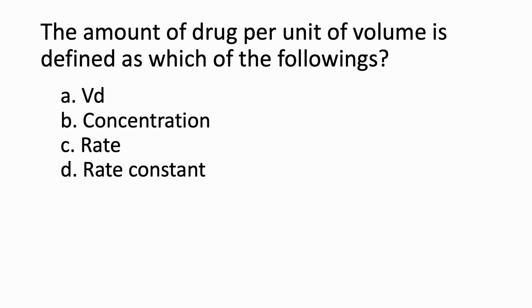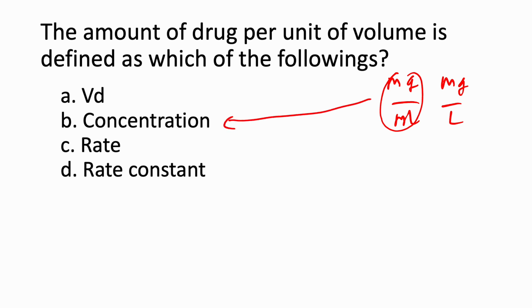Question. The amount of drug per unit of volume is defined as which of the following? A. Volume of distribution. B. Concentration. C. Rate. And D. Rate constant. The amount of drug per unit of volume, for example milligram per milliliter or milligram per liter, is the unit for concentration.